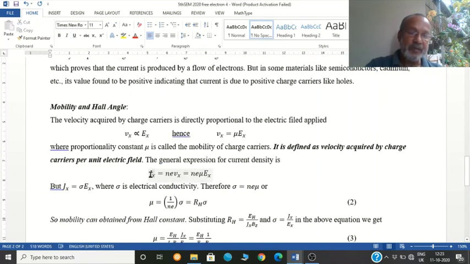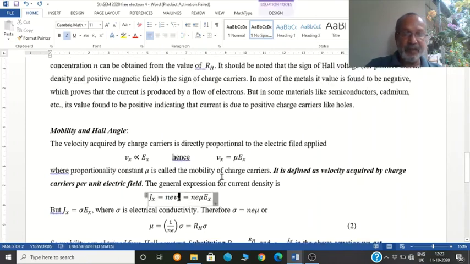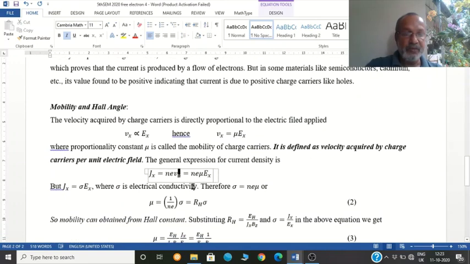Now this is the expression for current density. N is the concentration of the charge carriers, and we substitute for Vx. Vx is equal to mu into Ex. So you will get Jx equal to Ne mu into Ex.